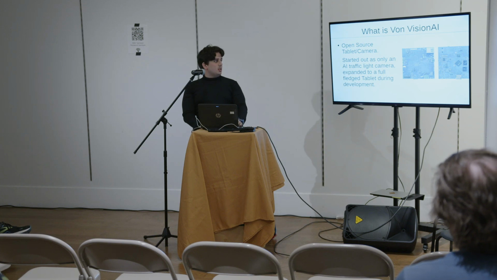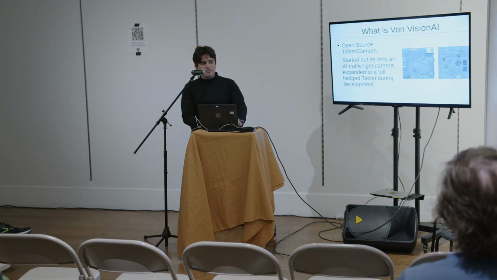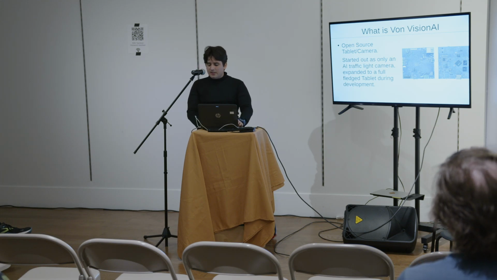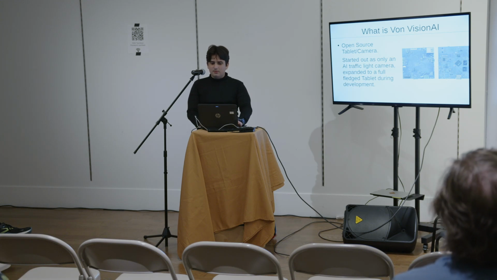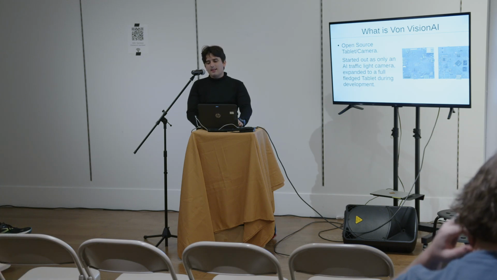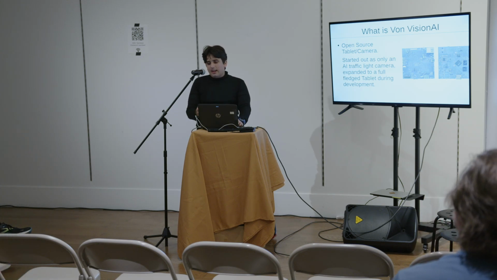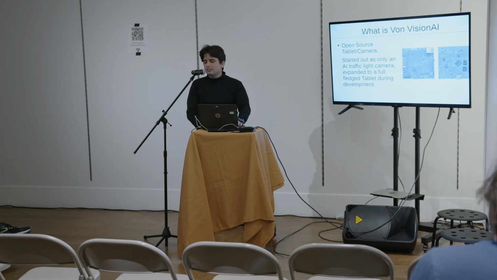All right, so you can see right now on the screen two pictures of the completed board prototypes fully assembled. What this essentially is, is a Linux computer. We initially started this out as a traffic light camera for traffic light intersections. However, during the process, we realized that a traffic light camera is not very different from other kinds of Linux devices, like for example a tablet like this.